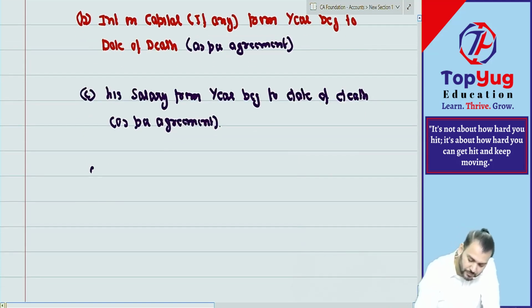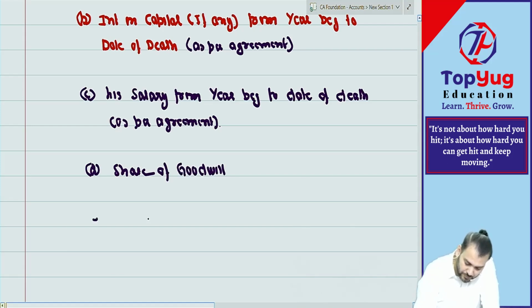Correct. Point number D. Share of goodwill.